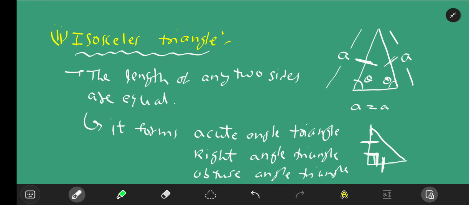Here one angle is 90 degrees. So three types of triangles can be formed with isosceles triangle. Okay, you have to remember this.